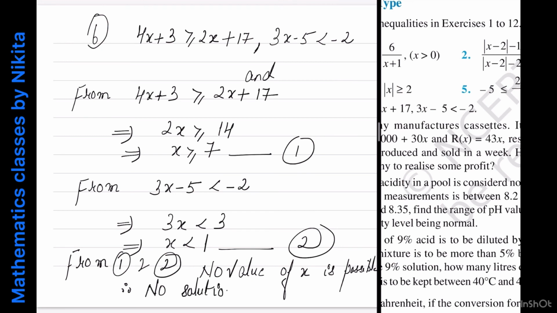This inequality has no solution. So basically this is a system of inequalities 1 and 2 and this system of inequalities has no solution. Okay, fine.